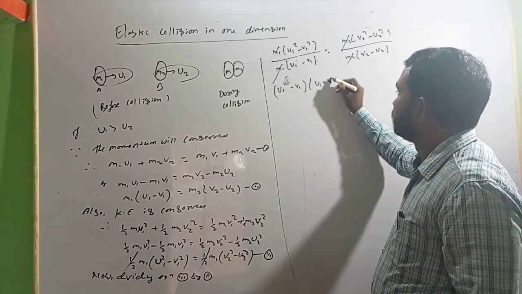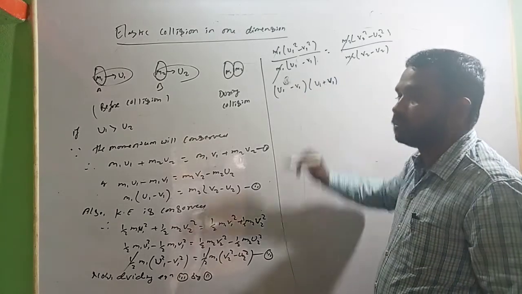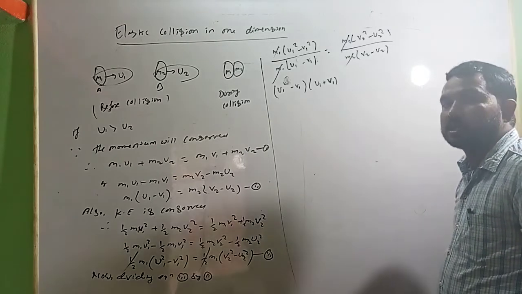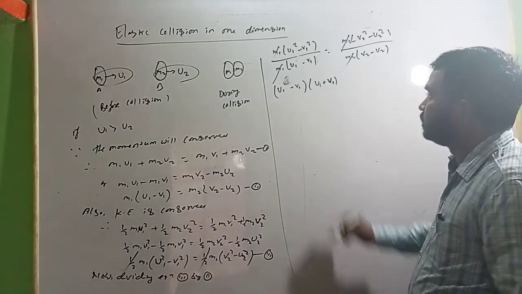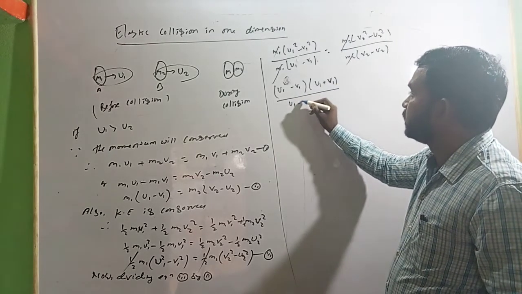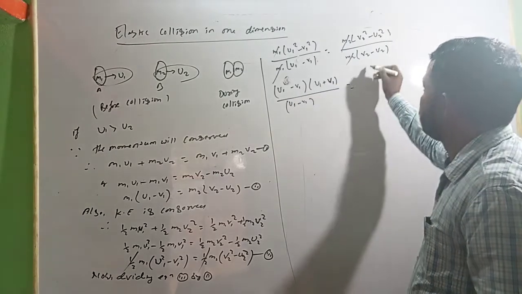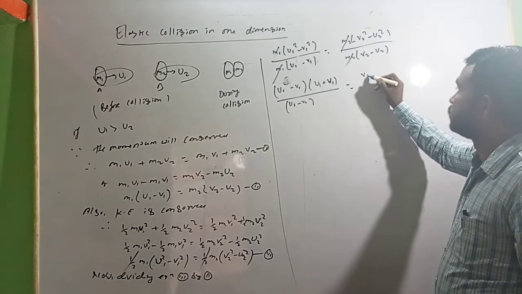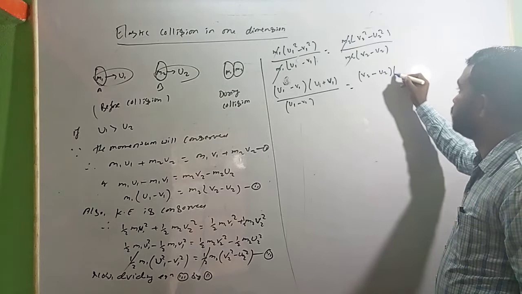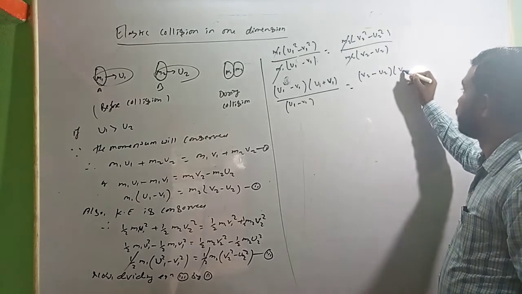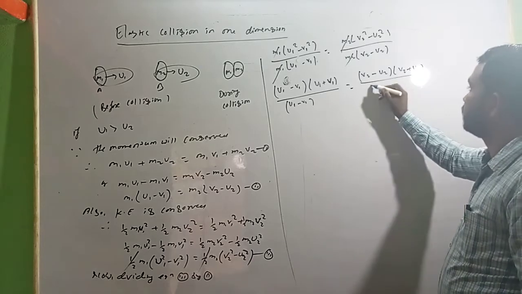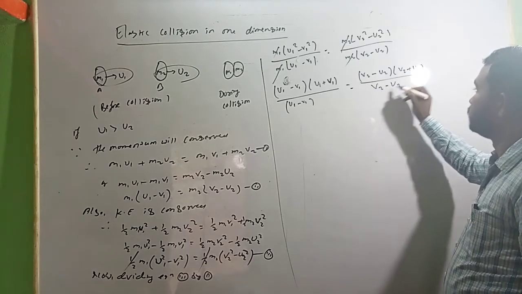Why? Because a square minus b square you can write as a plus b into a minus b, and the denominator is u1 minus v1. Equal to, on the right side same process, v2 minus u2 into v2 plus u2 divided by v2 minus u2.